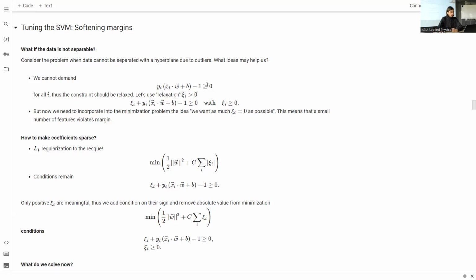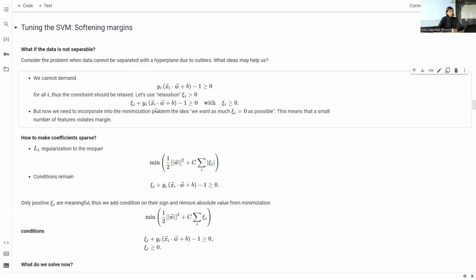In some cases I have a wrong sign in here, so everything becomes negative. I want it always to be positive. So let me suppose I'm adding some new parameter, some psi i, that I'm supposing to be always positive, to this part of the inequality.